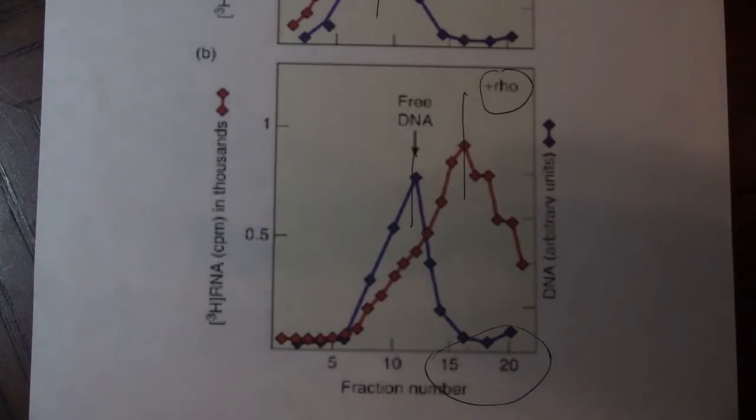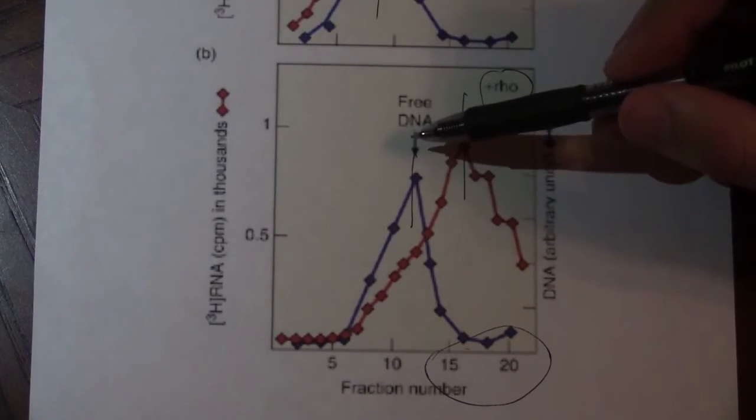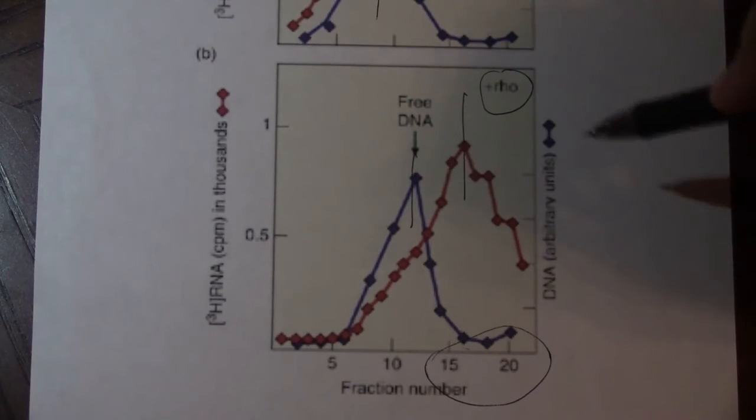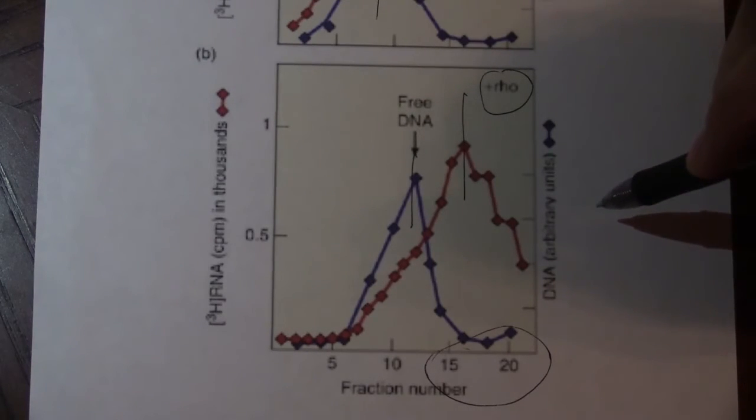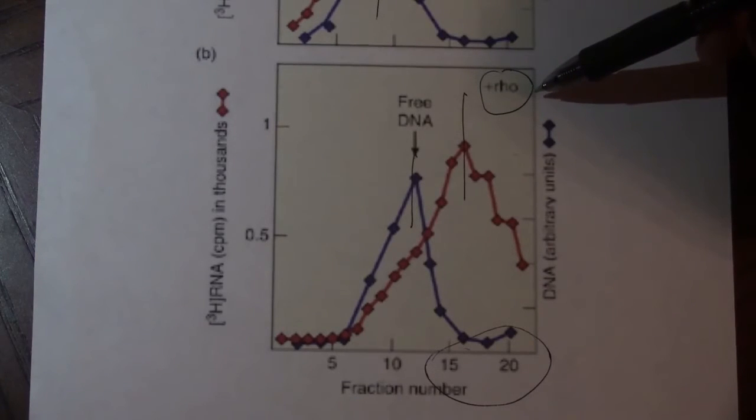Well, first, in the presence of Rho, RNA release from the DNA template increased. This can be seen by the differing RNA and DNA peaks, illustrating independent sedimentation of RNA and DNA. Next, in the presence of Rho, the distribution of the RNA shifted.